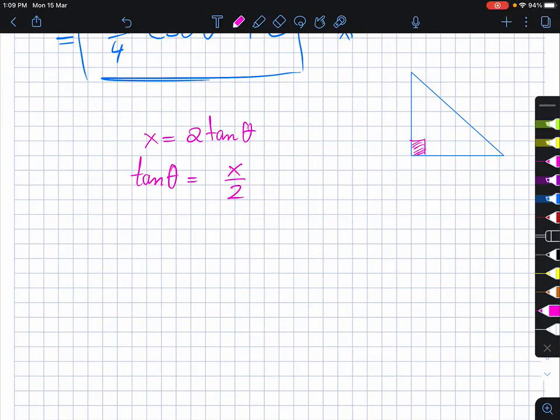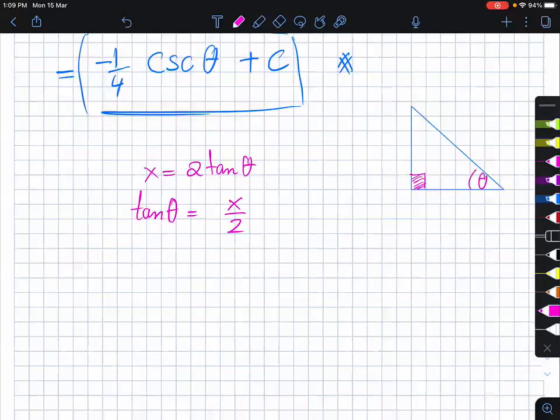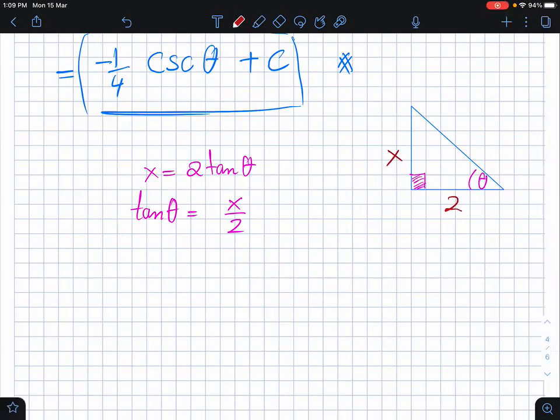The opposite will be x and the adjacent is 2. The third side using the Pythagorean theorem is the root of x squared plus 2 squared, which is 4.